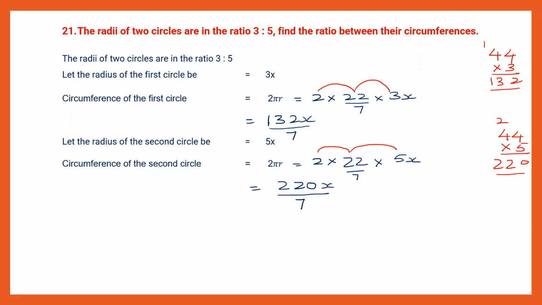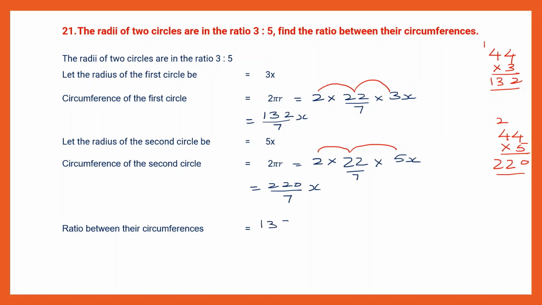So we have found the circumference of the first circle to be 132x by 7 and the circumference of the second circle to be 220x by 7. So now let's continue to find the ratio between their circumferences. So the first circle, the circumference is 132x by 7 and that is to second circumference 220x by 7.